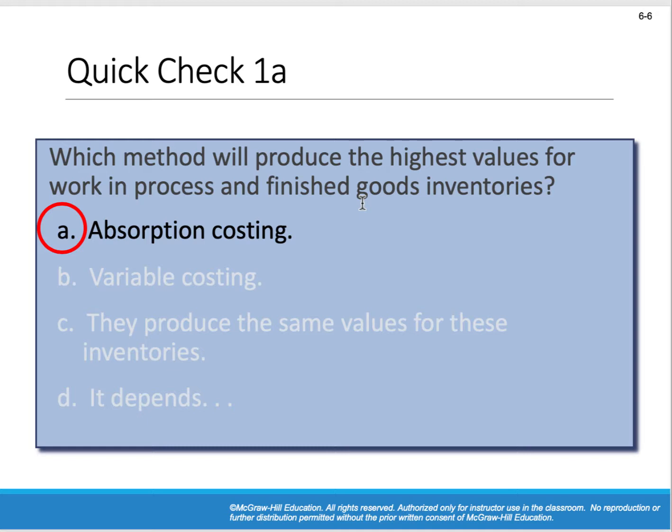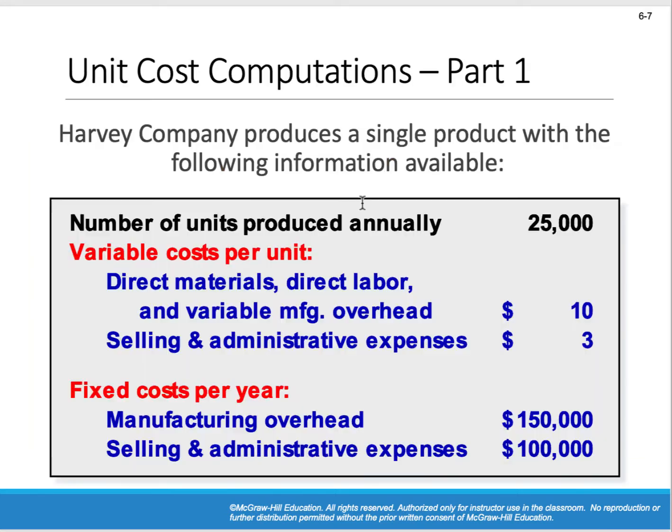Under the variable method, fixed manufacturing overhead is treated as a period cost. It doesn't become part of the product cost. So that means that the inventory WIP account and the inventory finished goods account are going to be lower under variable costing. Okay, so let's look at an example here of how we calculate unit product cost.